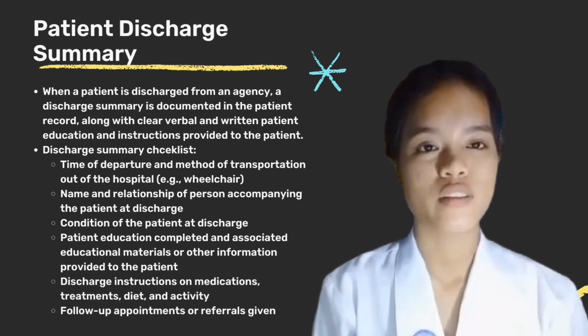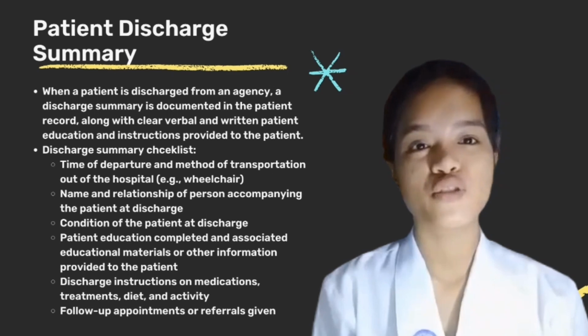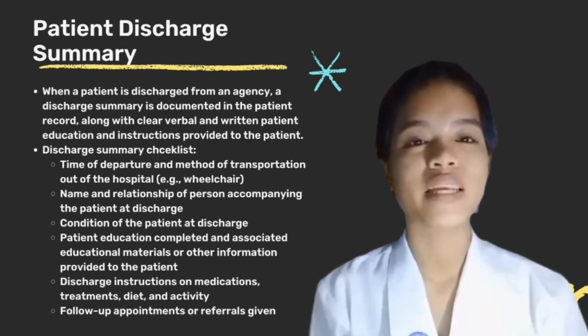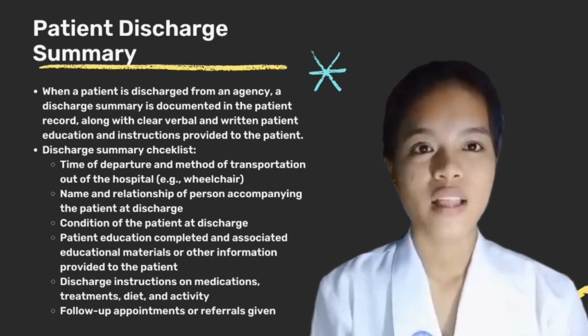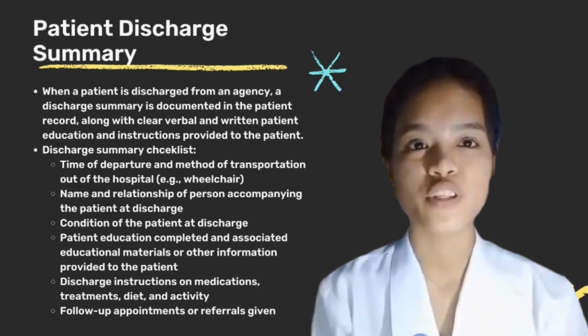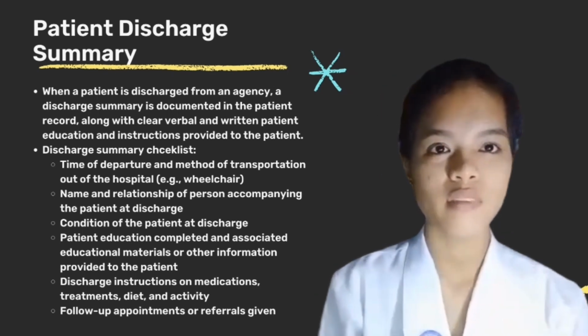Patient discharge summary. When a patient is discharged from an agency, a discharge summary is documented in the patient record, along with clear verbal and written patient education and instructions provided to the patient.